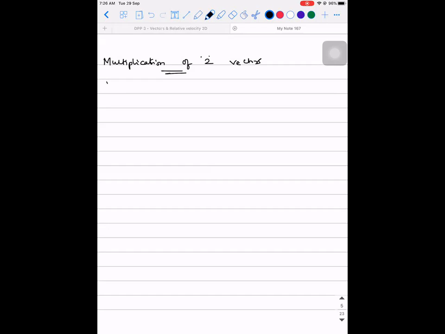What are the two products we can do? One is dot product or scalar product, and the next is going to be vector product, or we call it as cross product. So what do you mean by dot product, guys?